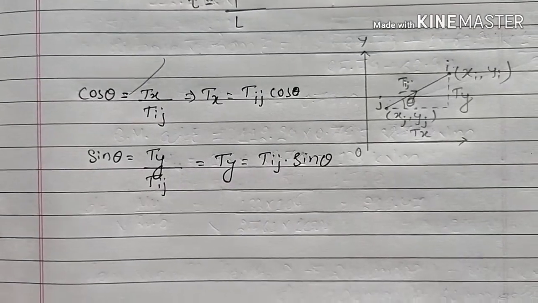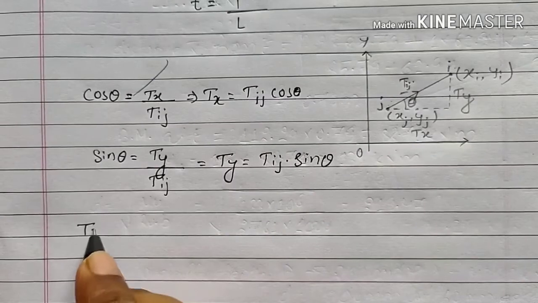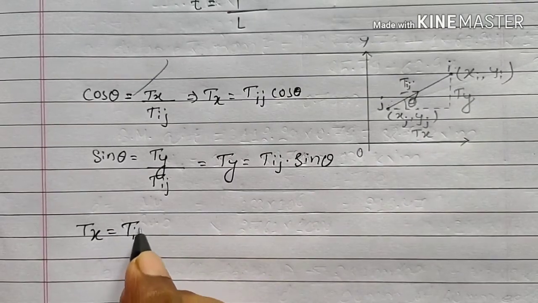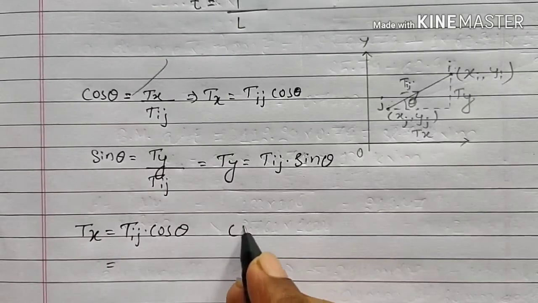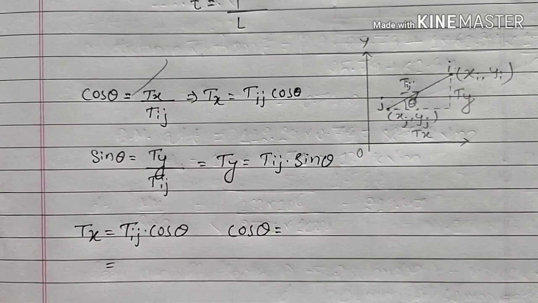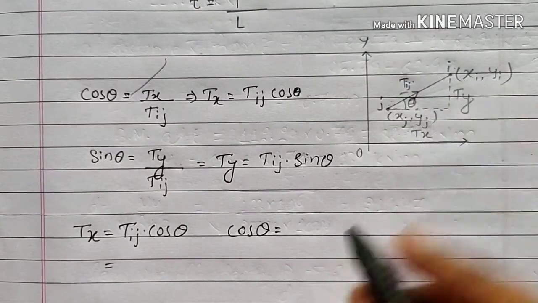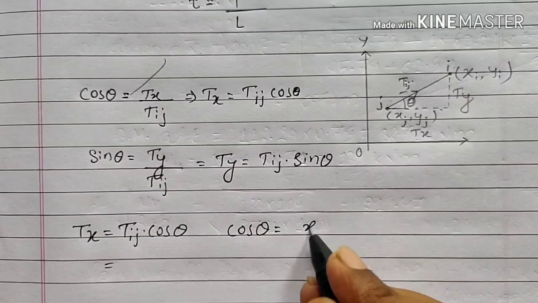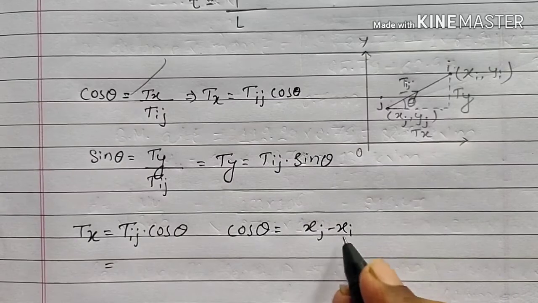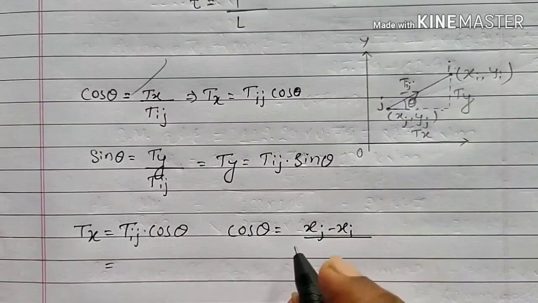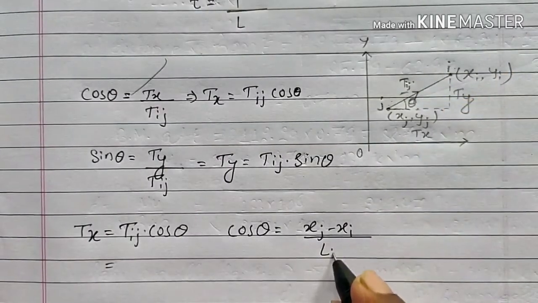And now for cos theta, let me write it here, we have Tx equals Tij into cos theta, and as our cos theta is along the x axis, we will have cos theta equals xj minus xi upon the span, and the span of the member Ij is Lij.